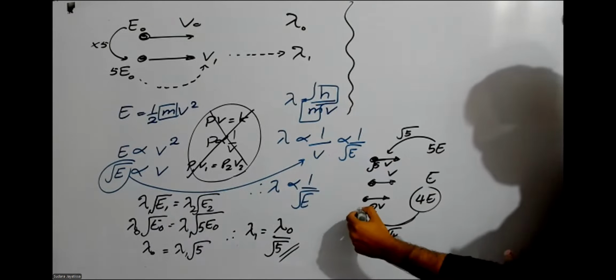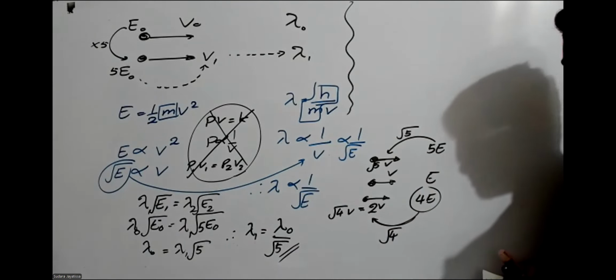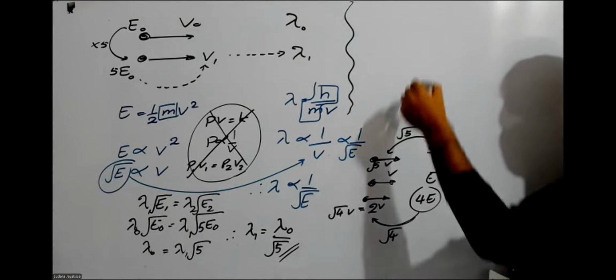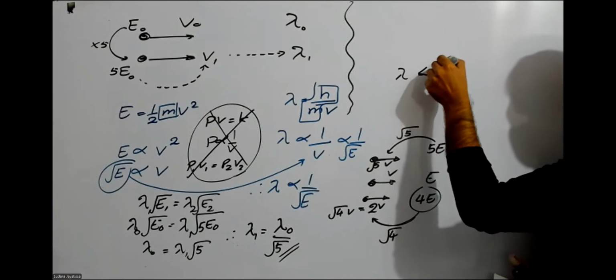Start from somewhere comfortable for you, and then think about the root. Then get the de Broglie equation. It says lambda is inversely proportional to speed. That means if you increase the speed, lambda decreases. So your lambda should be lesser than the previous value, lambda naught.